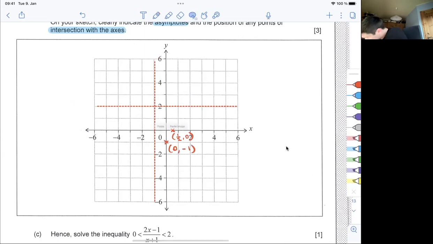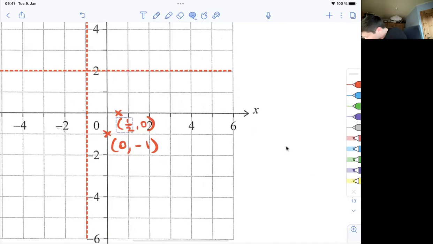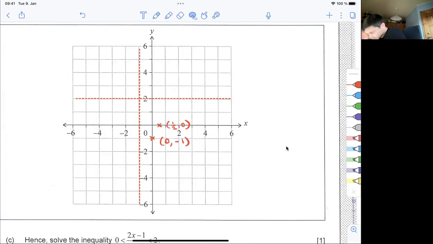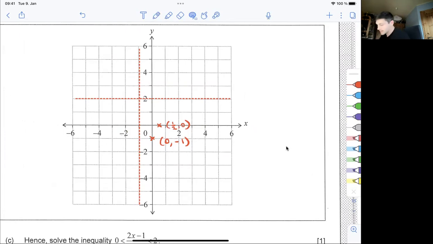I'm just going to zoom in a little bit here and move this over to there. Okay, cool. So there we now have the x-intercept, y-intercept, and also our asymptotes drawn. Let's mark those. We'll say this is where y is equal to 2, and this is where x is equal to -1, for our vertical asymptote.